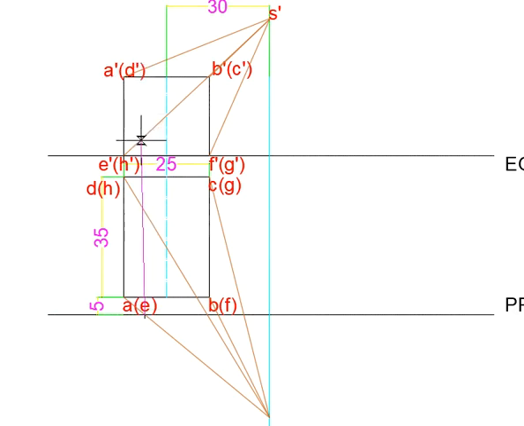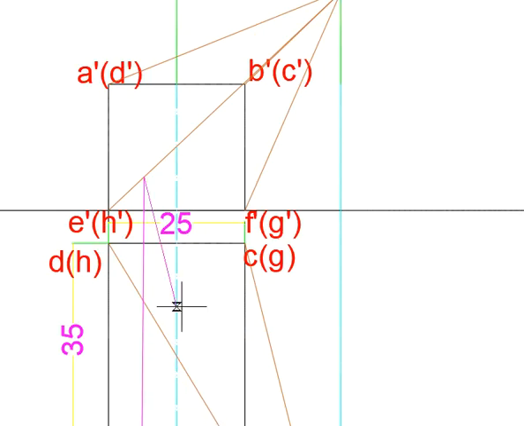So this is point e and this one is point a.